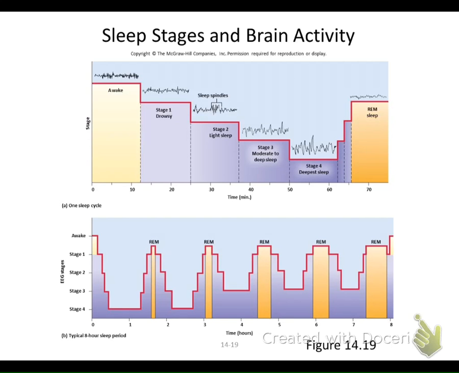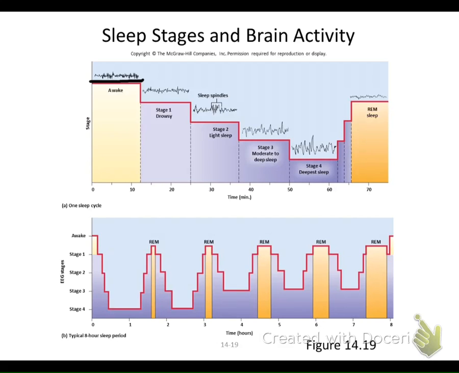So let's look at a chart here of the sleep stages. Also on here are those EEG waves. So in the first one, you're awake. You're just awake, right? So what waves might you see?